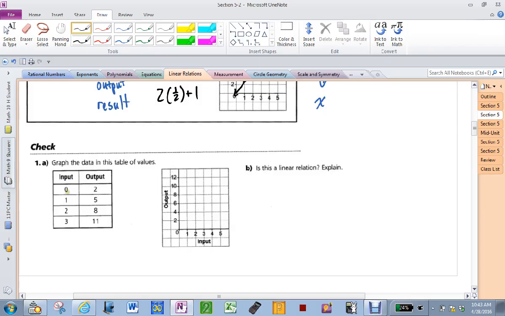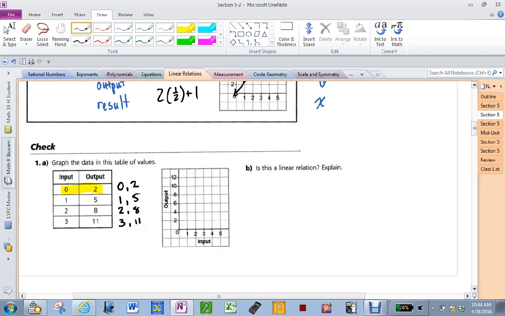What is my input? 0, 1, 2, 3. What is my output? 2, 5, 8, and 11. So this gives me one spot on the graph, yes? What is that spot? 0, 2. What is this spot? 1, 5. What is this spot? 2, 8. And this spot?